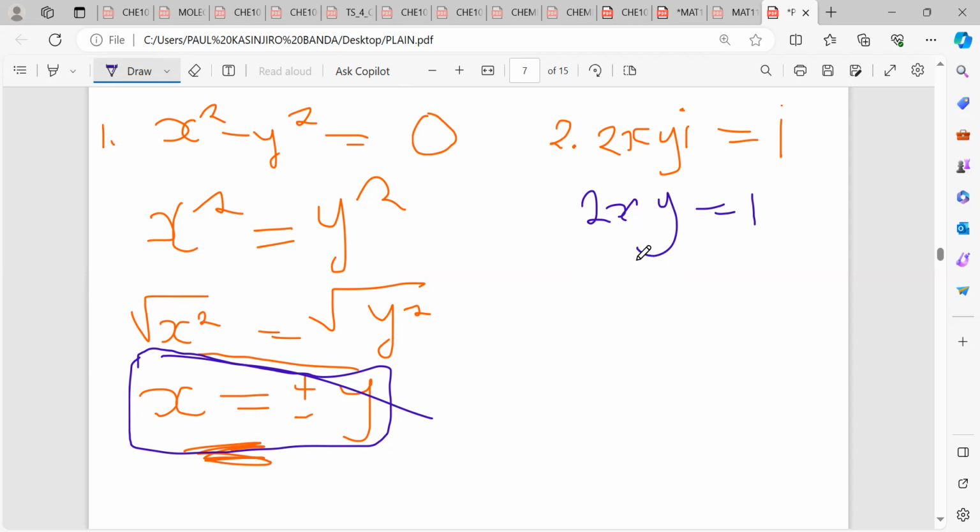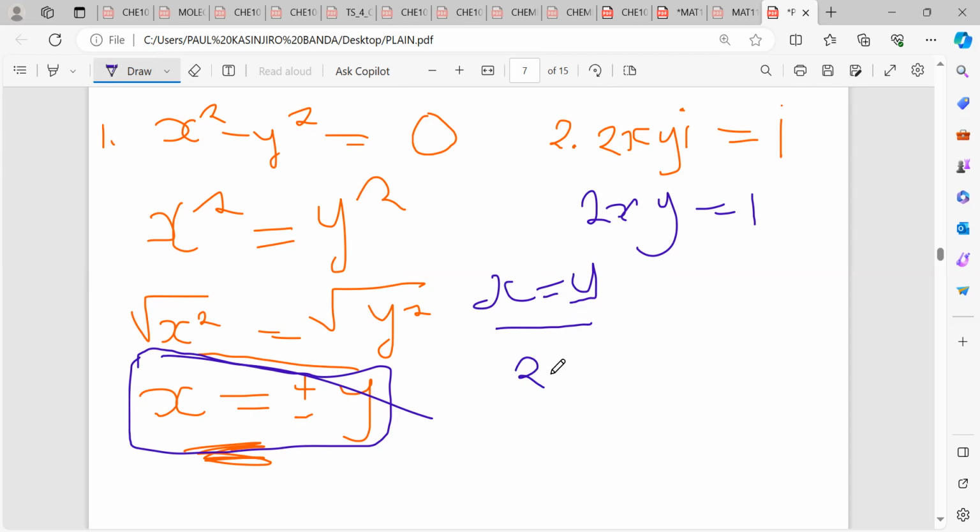Then what can we do from here now? We substitute. So we say if x is equal to positive y, what is the value that we are going to find here? So it will be 2, and where there's x here, we replace it with y, because we are taking x as y.